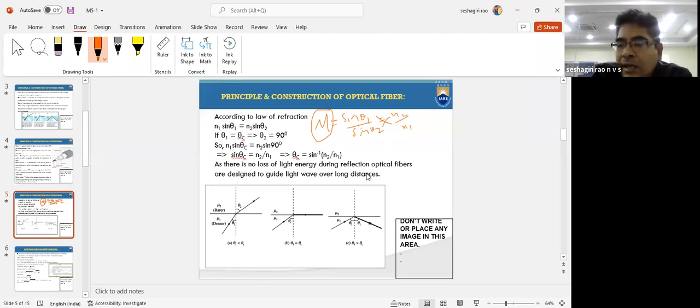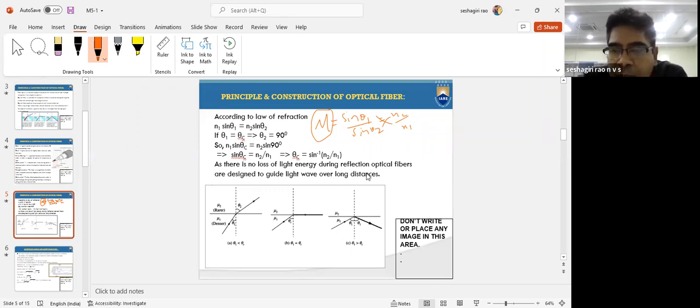The explanation, the physical phenomenon or mathematical case, can be given using the law of refraction. That is n1 sin theta 1 equals n2 sin theta 2, right? If theta 1 equals theta c, theta 2 is equal to 90 degrees. So n1 sin theta c equals n2 sin 90 degrees.